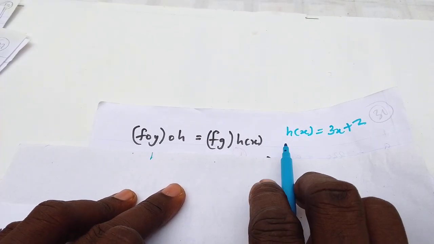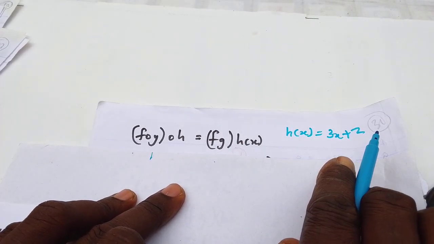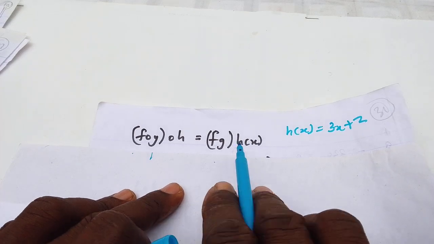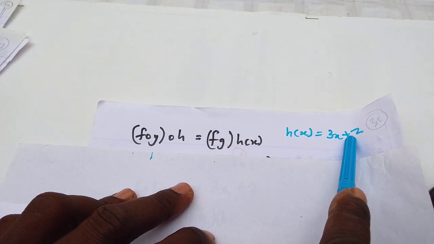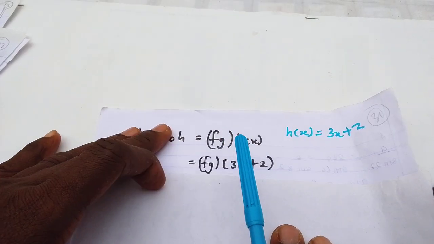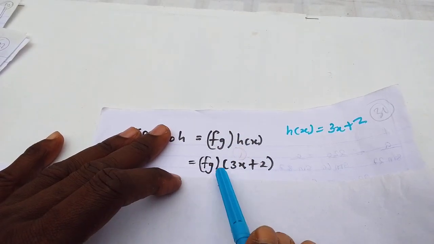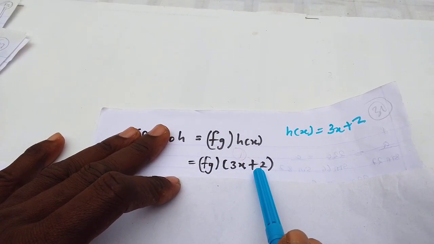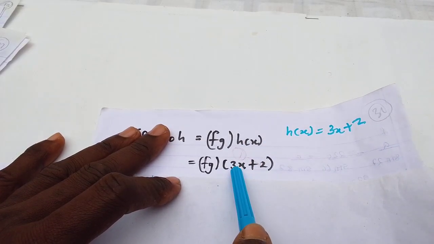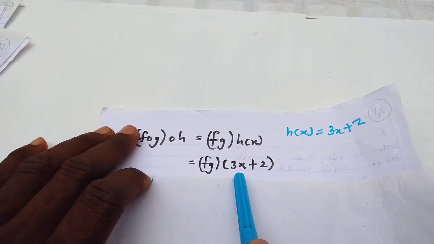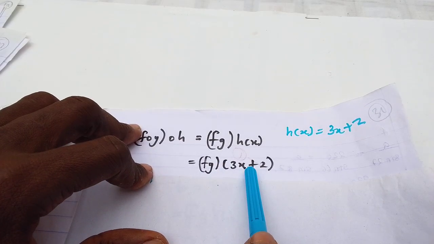The mapping of h is 3x plus 2. So for us to remove this h, you are going to substitute 3x plus 2. So now you are having this.